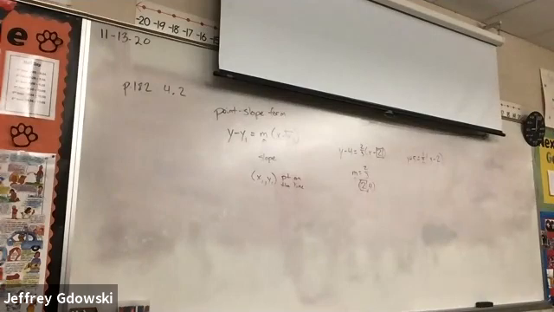So it's going to be 1/2, 2, and it's going to be -5. There's the y. -5 is the y. 2 and -5.